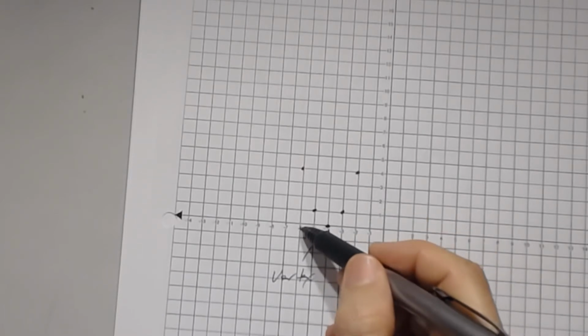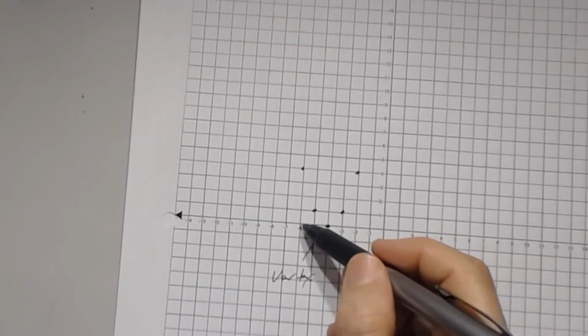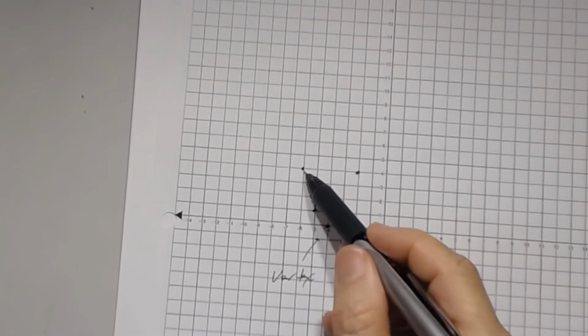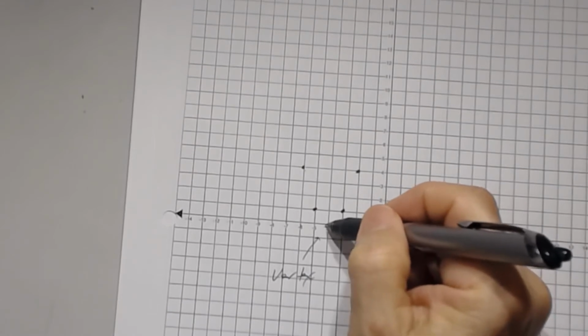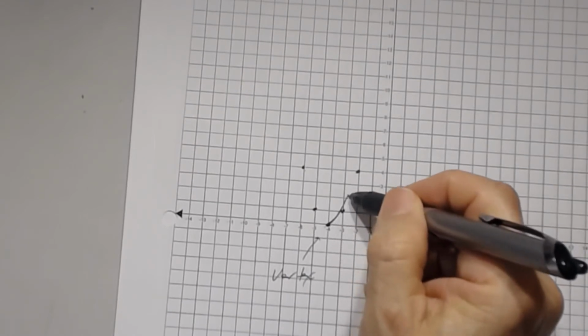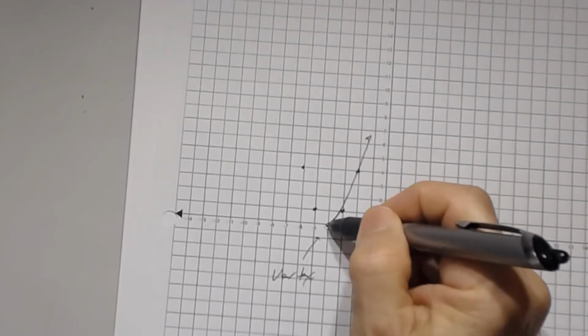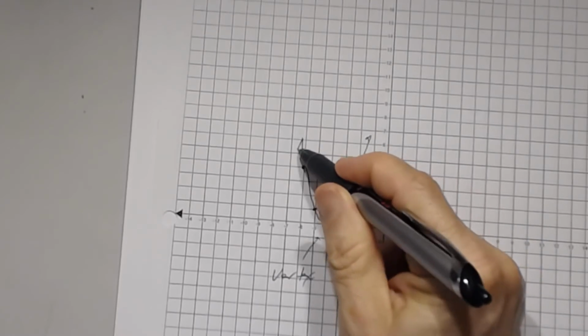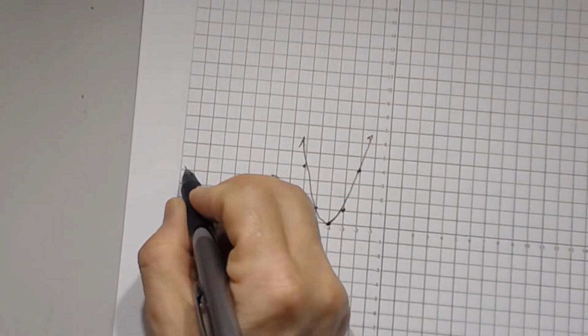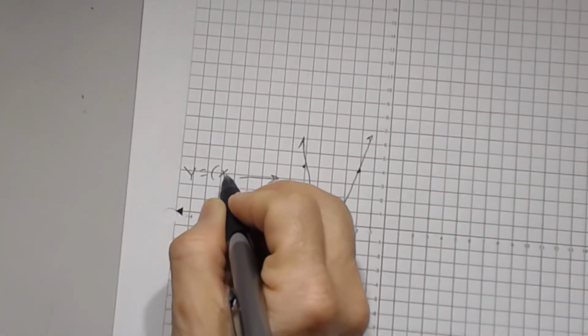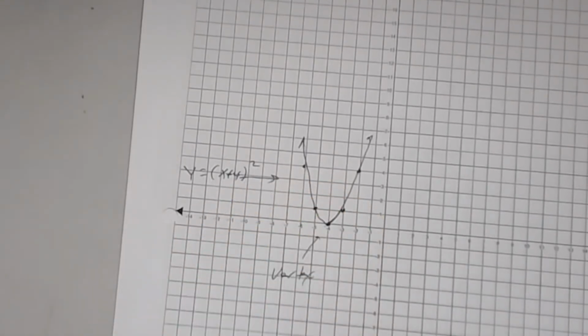I go 2 units to the left, negative 6, and my y value still better be 4. Then I draw my graph, and the shape is called a parabola. So that happens to be y equals (x plus 4) squared.